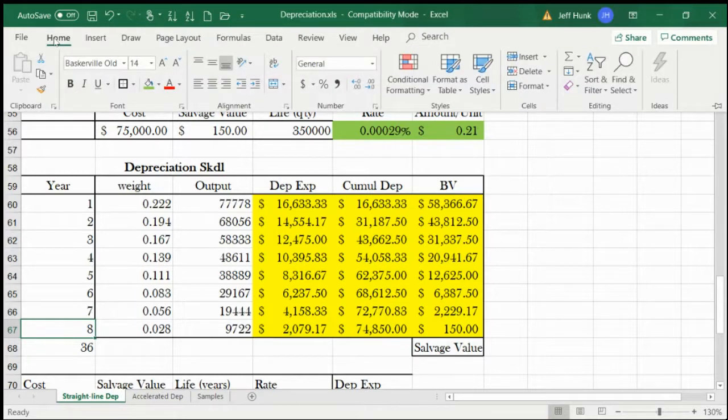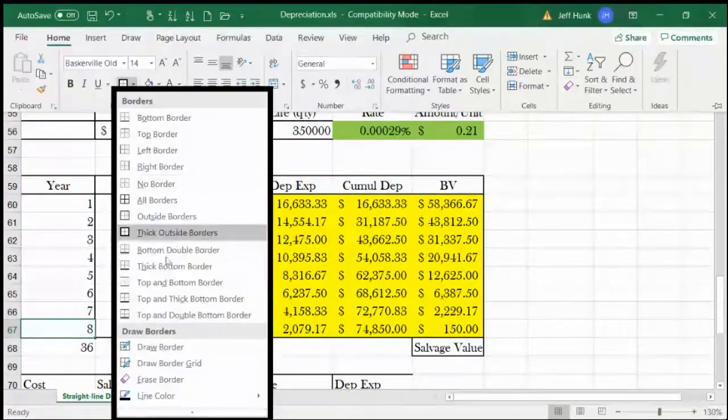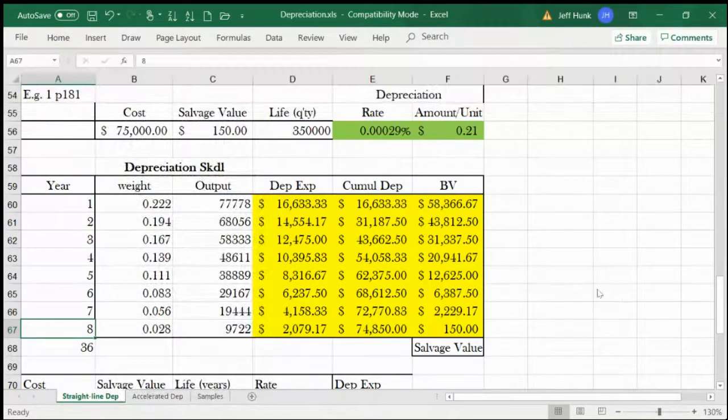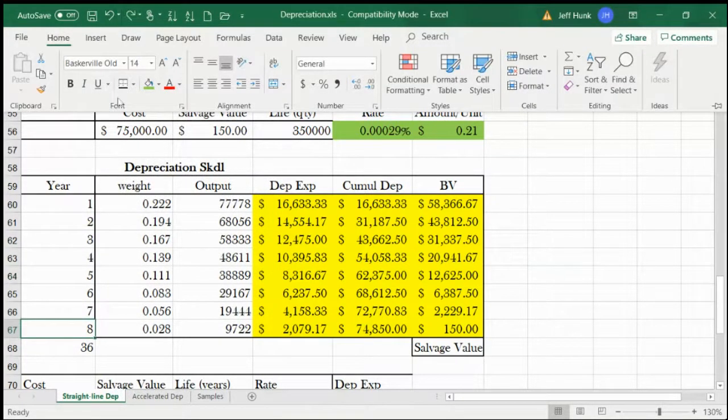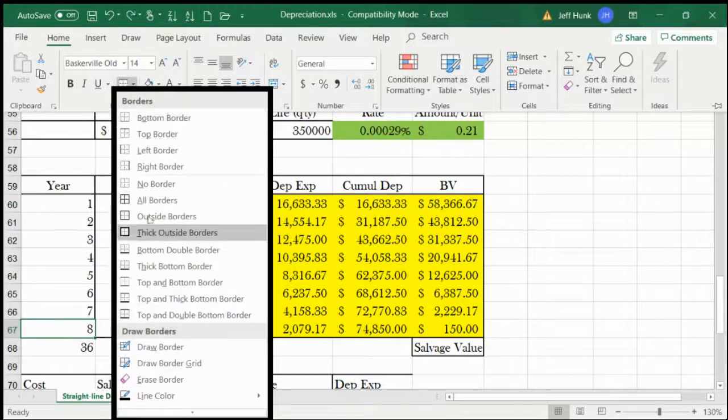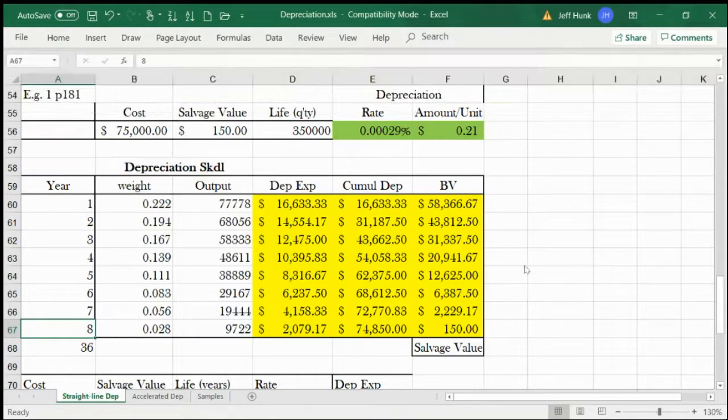Now, if you think about it, you remember what I did to find this sum, right?